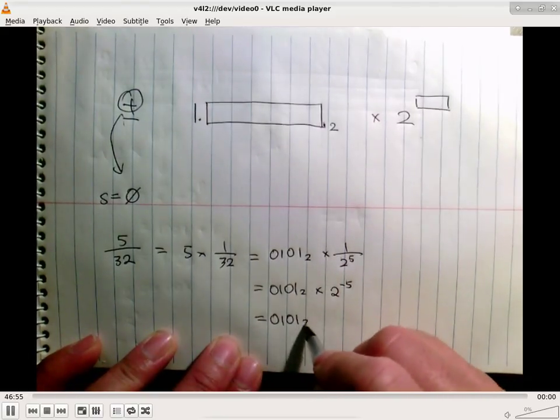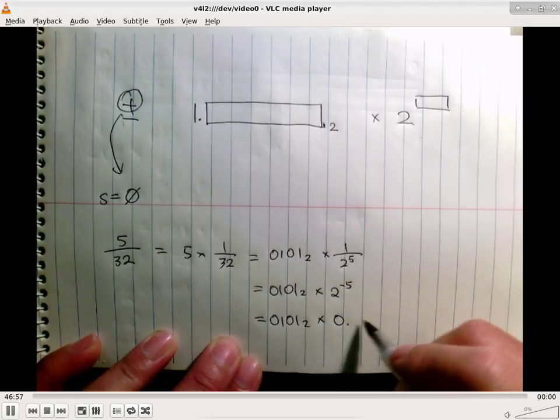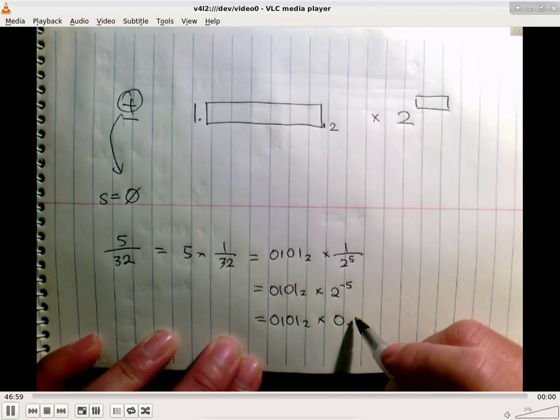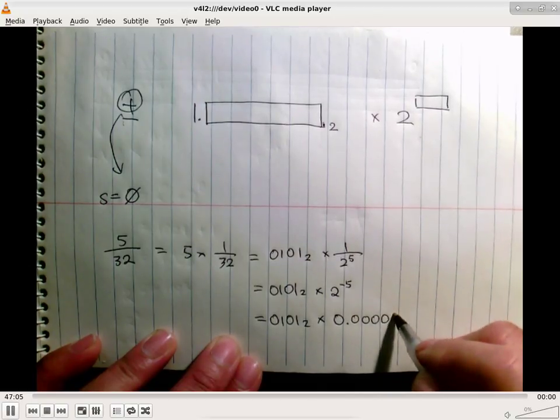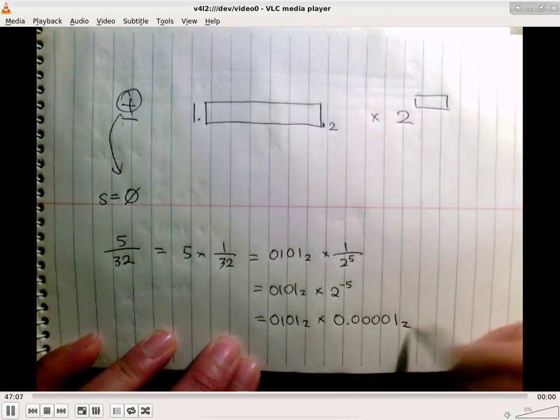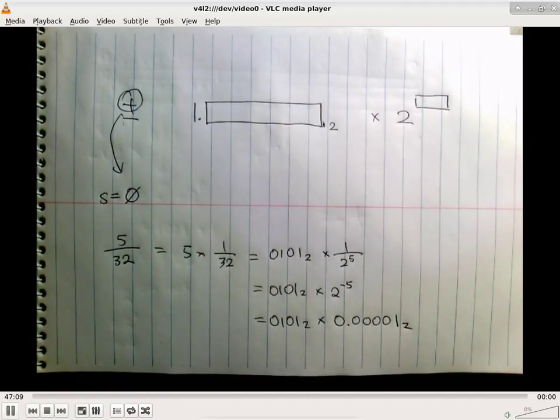Let's see. It's the 5. So it's 1, 2, 3, 4, 5 in base 2. Does it work?